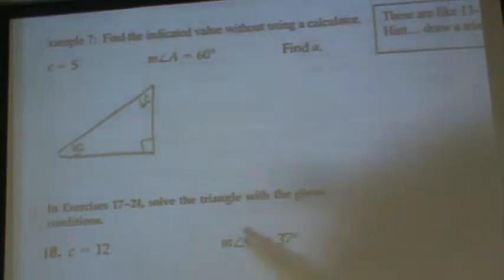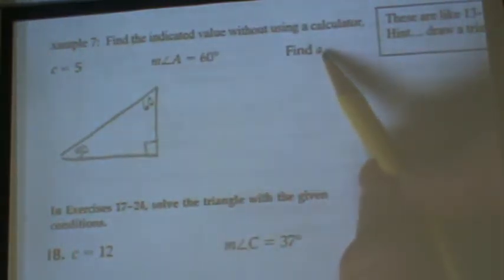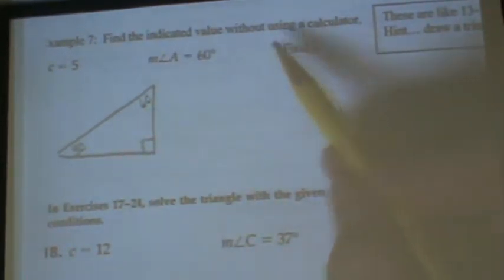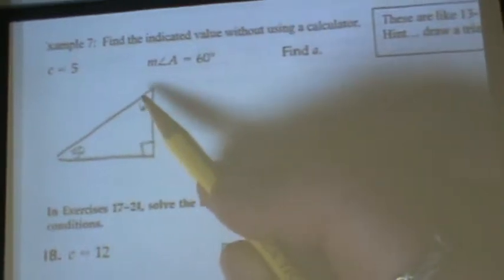And for this, you have to remember when you're labeling your triangle that the corresponding side is always across from the angle. So this angle A is 60 degrees. So side A is directly across from angle A. So it would be your opposite side.